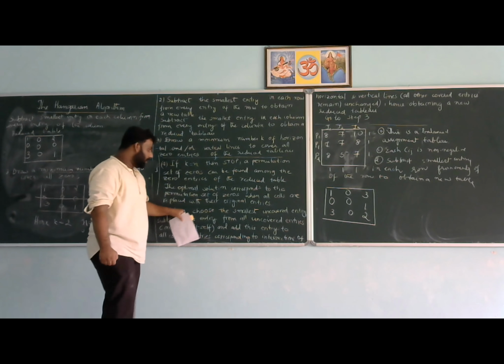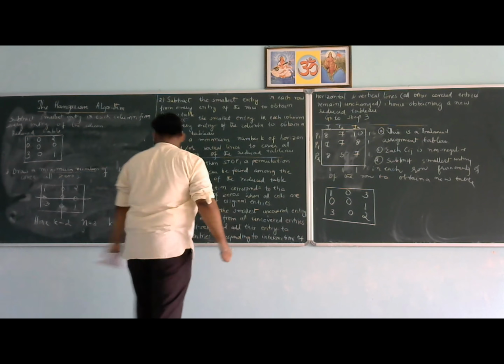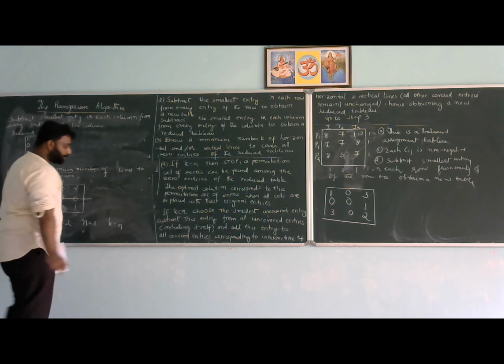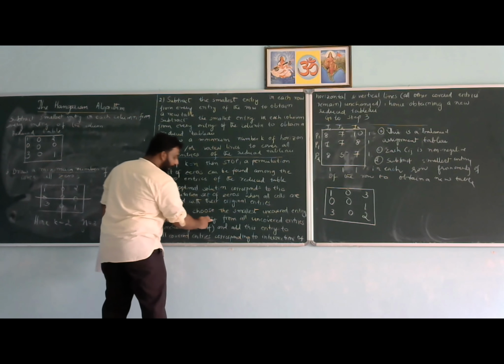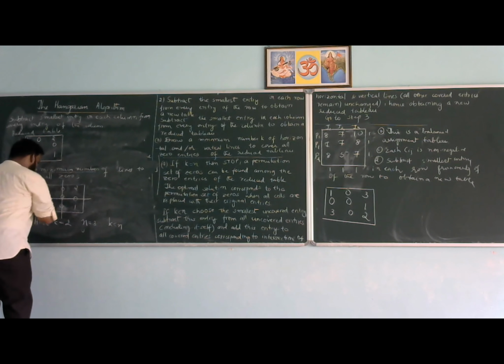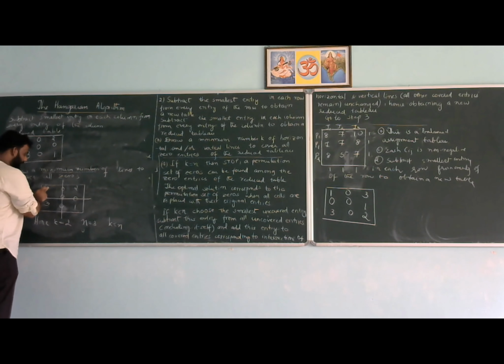What happens if k is less than n? If k is less than n, choose the smallest uncovered entry. You have to choose the smallest uncovered entry and subtract this entry from all uncovered entries. What is the smallest entry? Here it is 1. The smallest entry is 1. You have to subtract it from all the uncovered entries. Uncovered entries are 2, 1, 3.